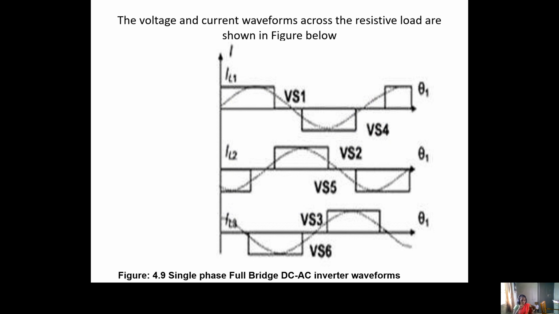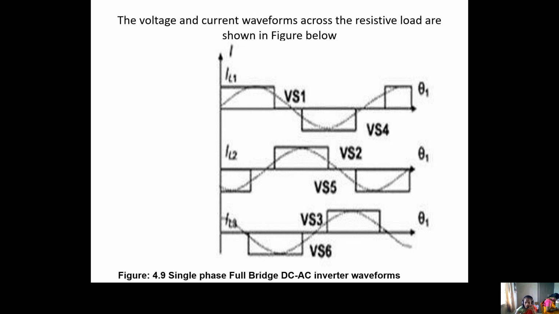Voltage and current waveforms across the resistive load are shown below. So single phase full bridge DC to AC inverter waveforms. Here are the voltage and current waveforms across the resistive load. So this is IL1, IL2 and IL3.